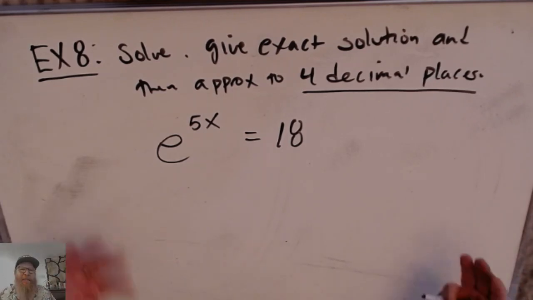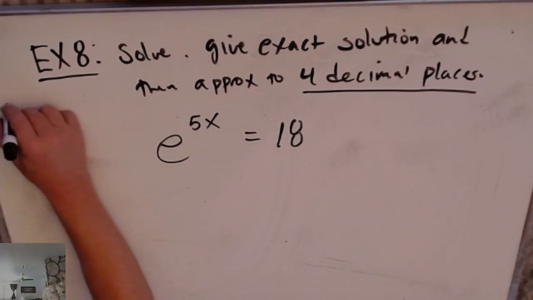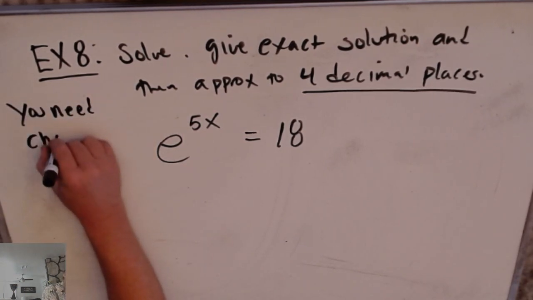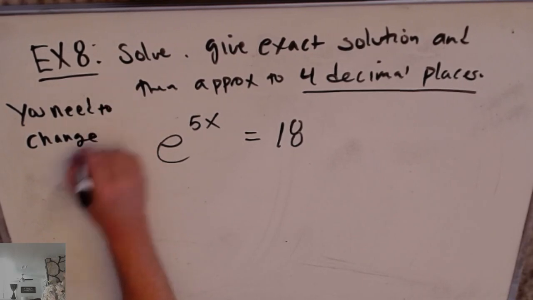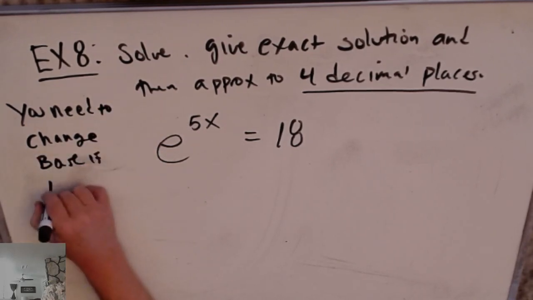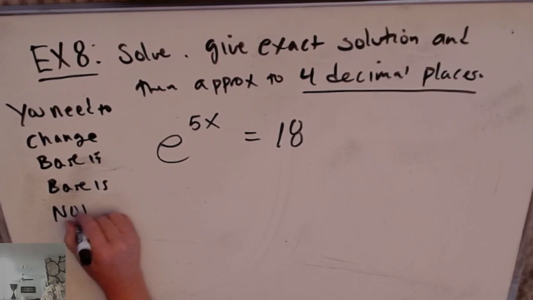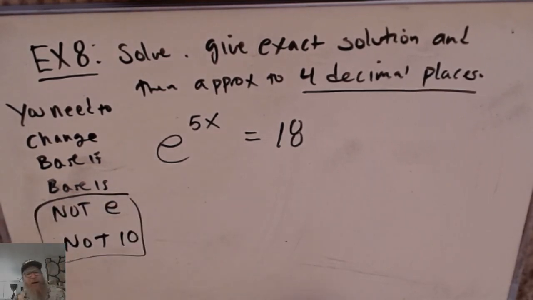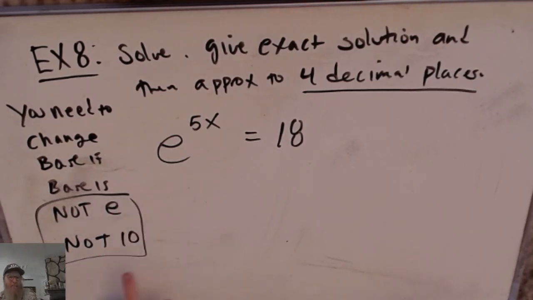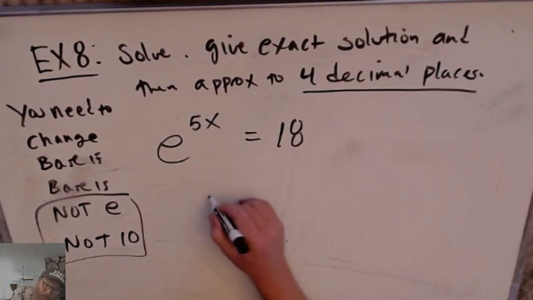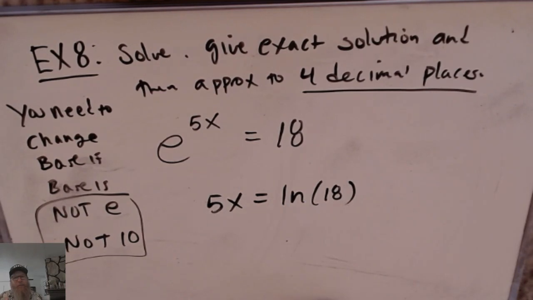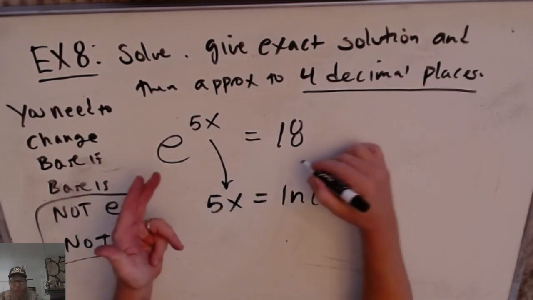So you will only need the change of base formula if the base is not e and not 10. So if I give you a problem that's e or 10, then you're not going to need the change of base formula. This one is automatically going to be the ln. All right. So you can just solve it directly.